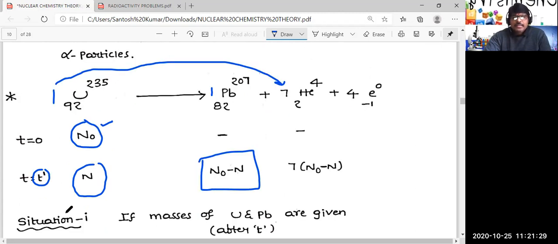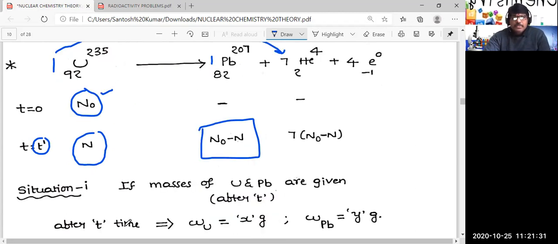And in problems, there may be two kinds of situations. One is that the mass of uranium and lead may be given.